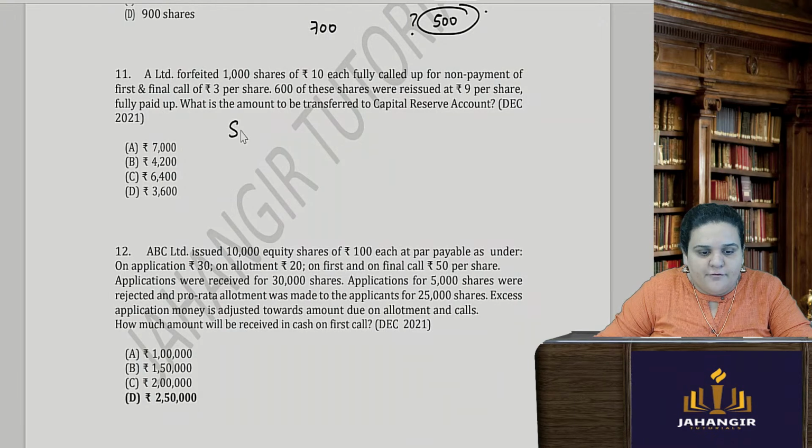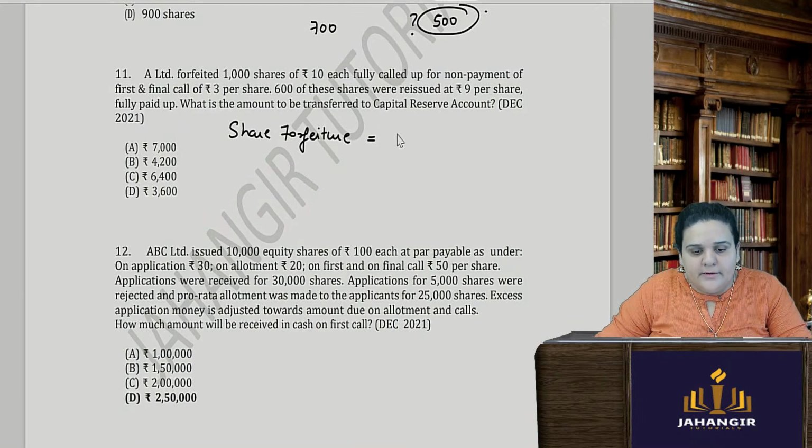So share forfeiture amount. How much was paid? Only 3 is unpaid out of 10. That means 7 is paid. So 600 into 7, 4200.